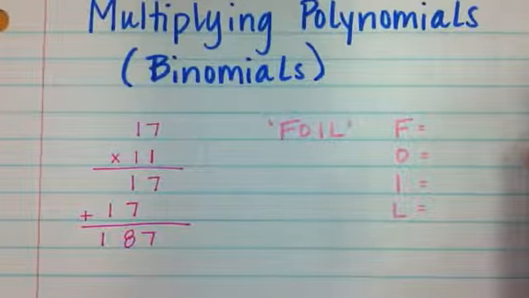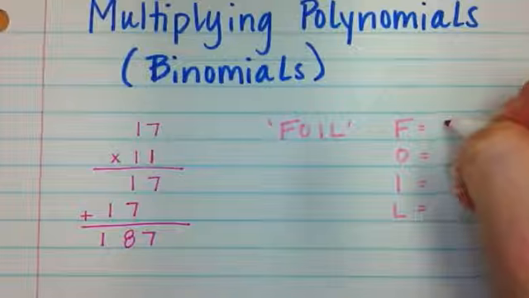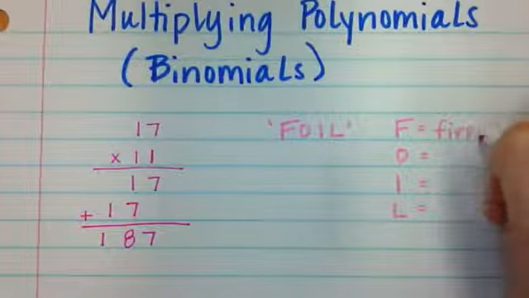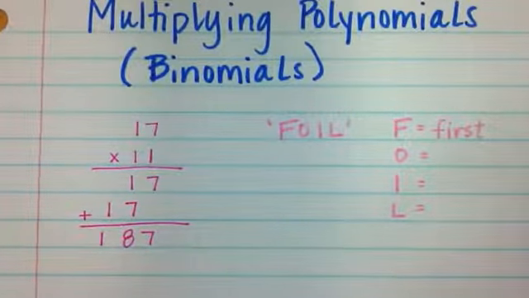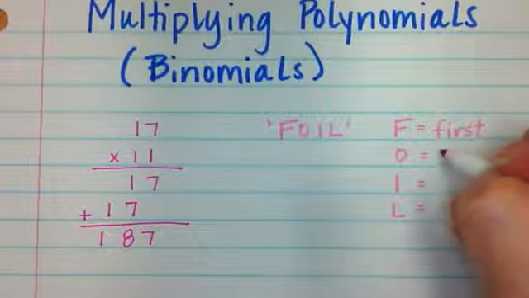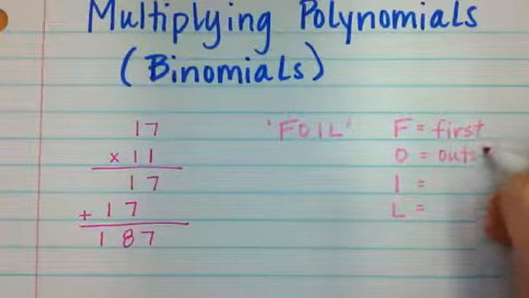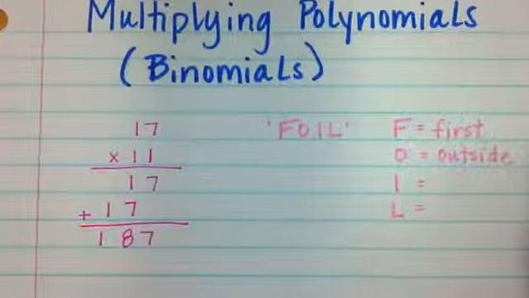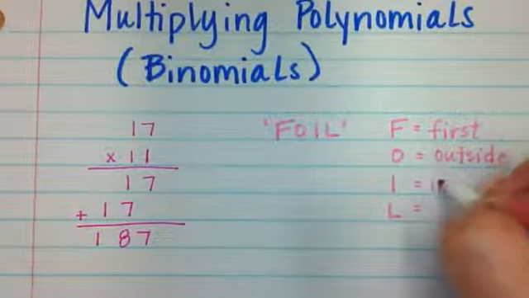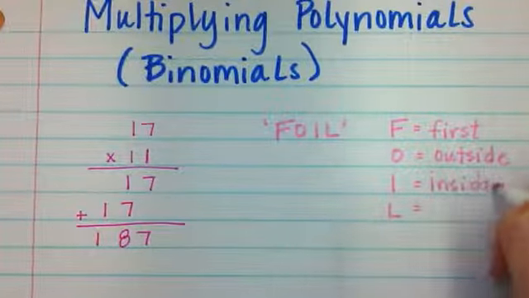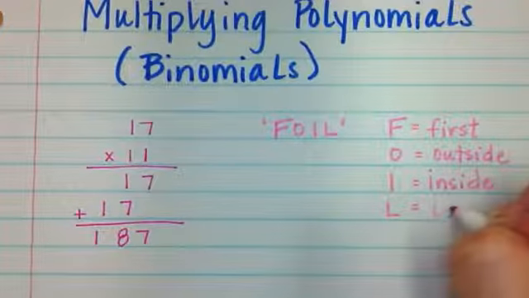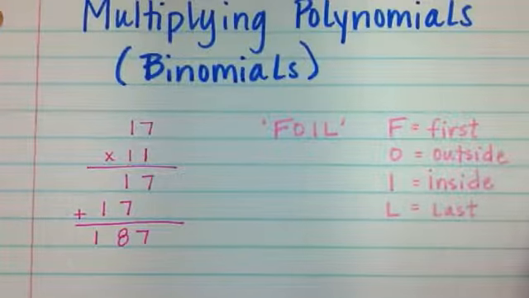What I mean by that is the F represents the first terms, so you're going to multiply the first terms together. Then you're going to multiply the outside terms together, followed by the inside terms, and then the last terms.